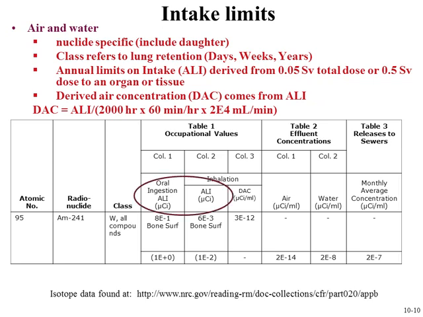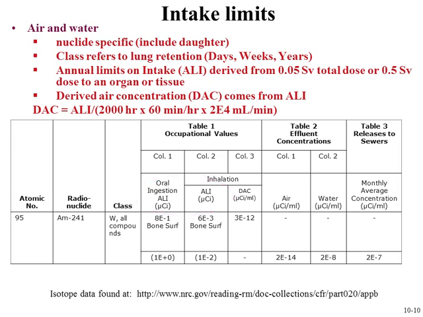The ALIs, as they're called, the annual limit on intake, are listed here. And you see that there's two different ones, an oral ingestion or an inhalation. This gives you the limits on what would be the activity in microcuries for oral ingestion, in this case for americium-241. And here's the inhalation for americium-241. And you see that the differences are extremely large. The limit on intake for inhalation is usually much lower than the oral ingestion.